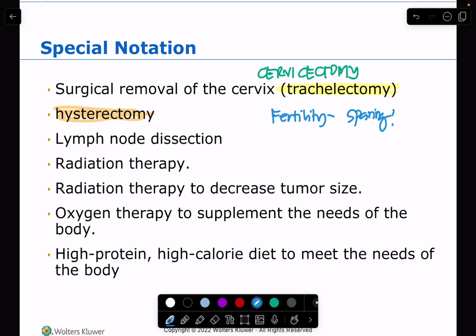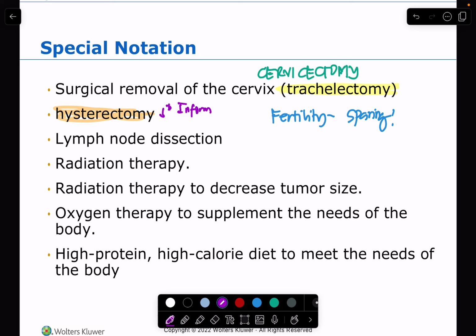Now, a part of your nursing education or nursing responsibility is that whenever the person will be having a hysterectomy or the removal of the uterus, you have to inform the patient that there will be no menstrual cycle. The person might not experience menstruation anymore, or the person might not be able to get pregnant anymore.